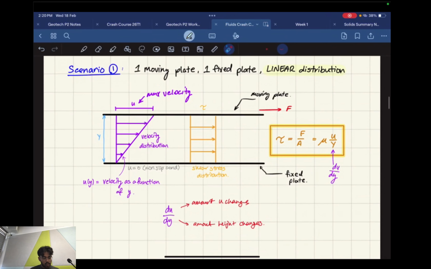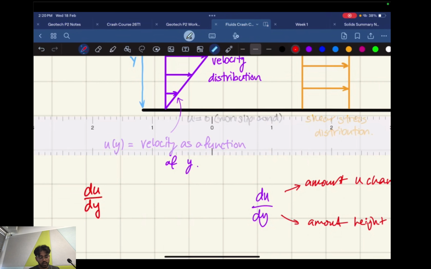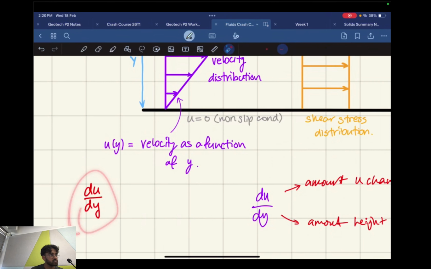A lot of people last year were a bit confused by what du on dy actually means. If you have a good understanding of math, it shouldn't be too big of a problem, but this is a differential. When you do calculus in math, it's a differential, which means it's a rate of change.